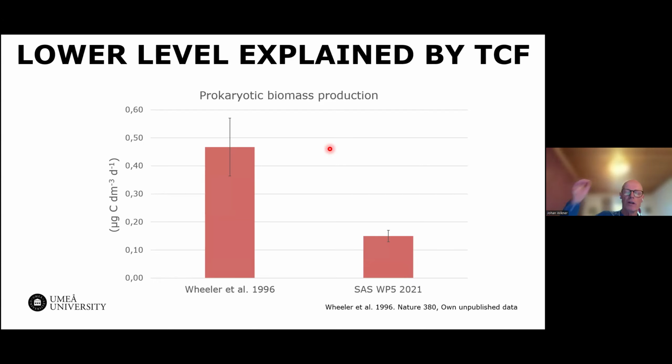To give a perspective of other studies, we actually found one study that passed the North Pole and both the Makarov and Amundsen and Nansen Basins, and also did measurements of prokaryotic biomass production here. That was Wheeler et al., published in 1996. I think they were up there in 1994. As you see here, we have about 3 times lower rates than the values they published in their paper, which were averages for different latitude sections.